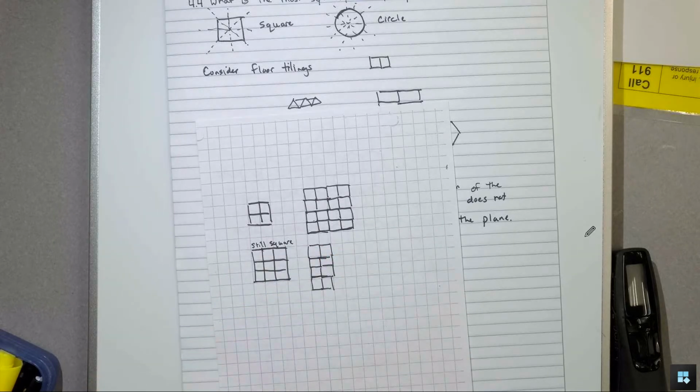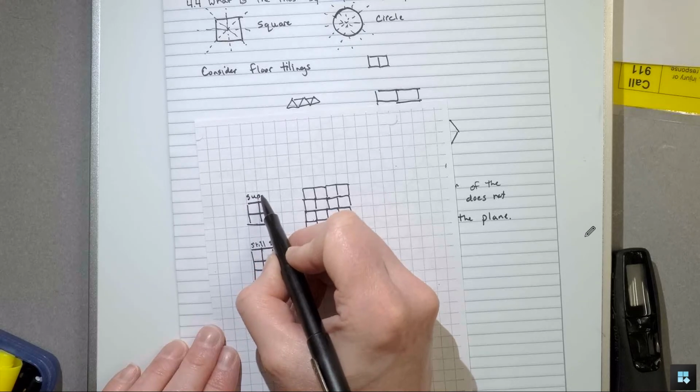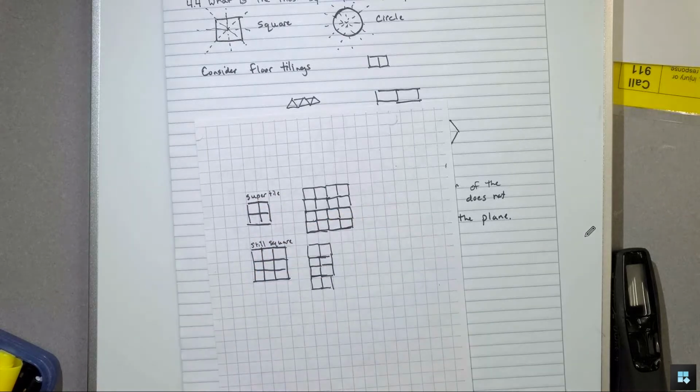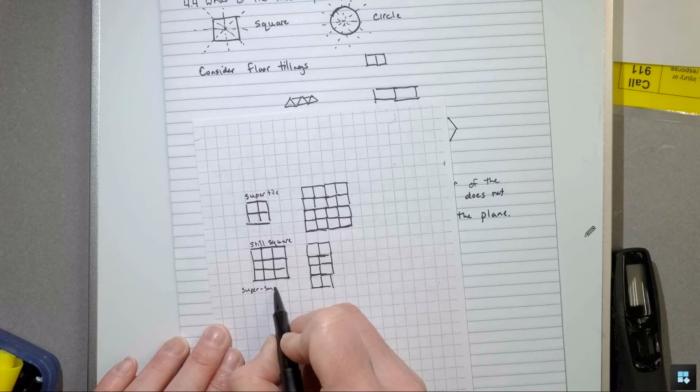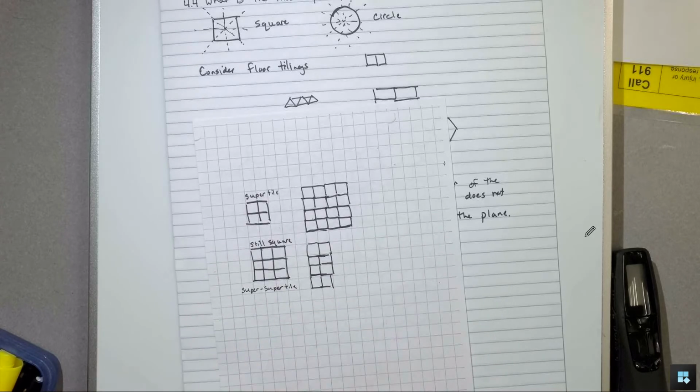So I made a super tile out of 4 squares, because it still made a square, and I could build with it yet and get the same shape. But we could put 9 squares together, and we could call that a super tile, because it's the next size up. And I could take these squares then and continue to build.